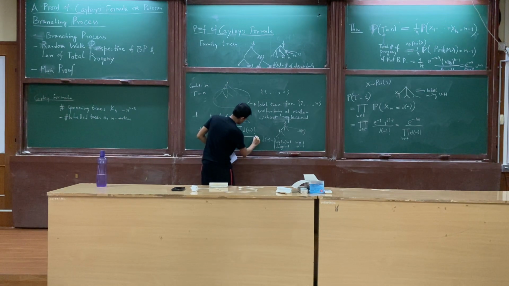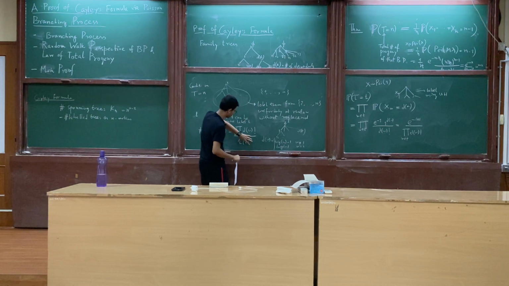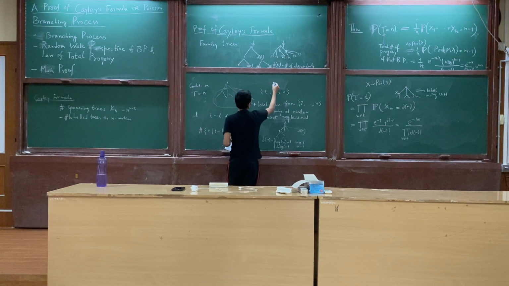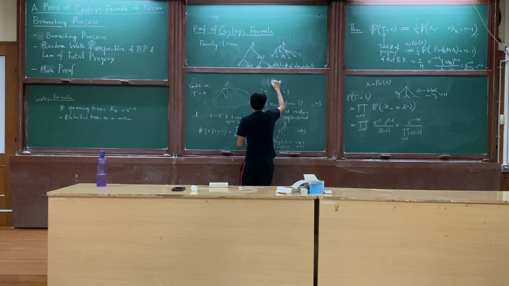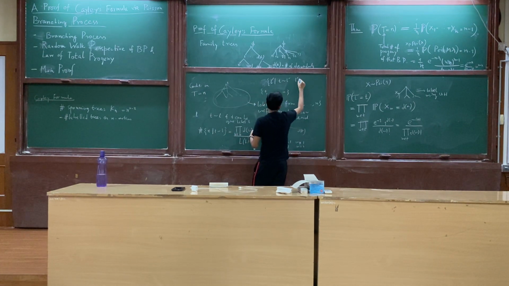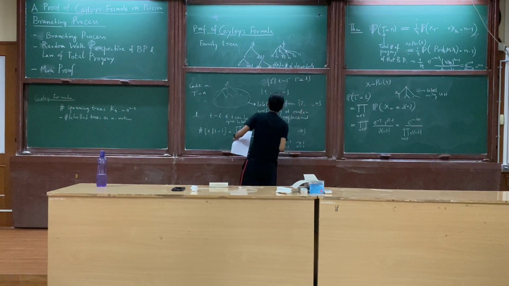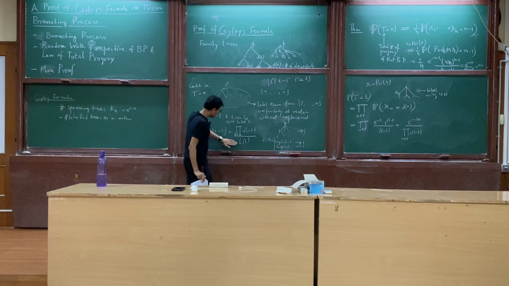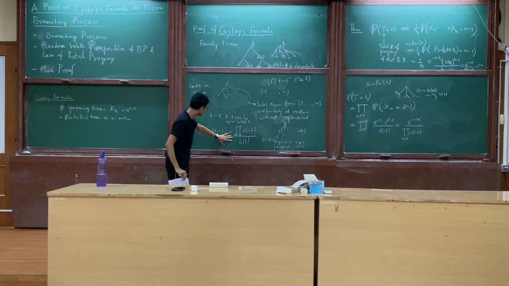So then we divide by the number of those labeled trees that can be given that labeling as well as are isomorphic to L. And yeah, then the number of all the family trees becomes like this.